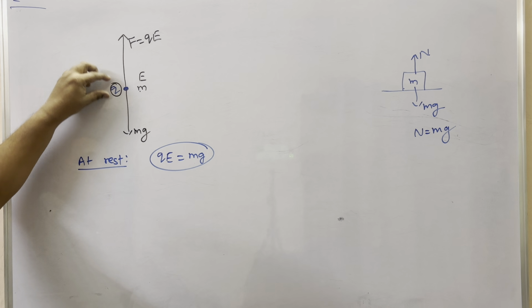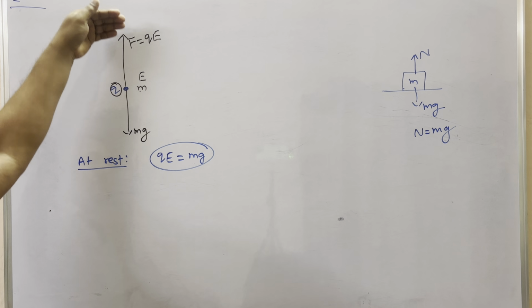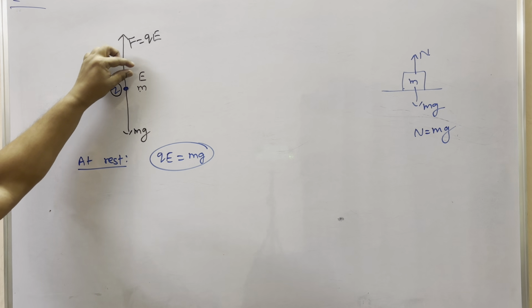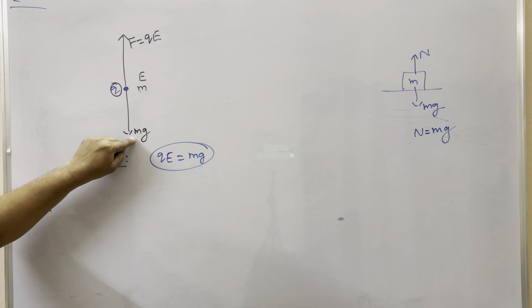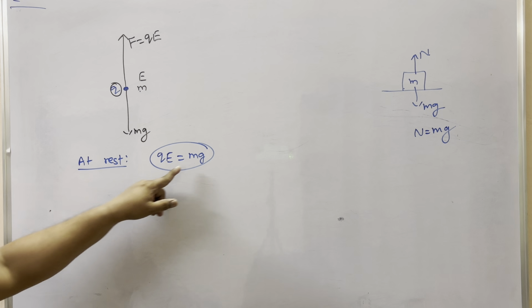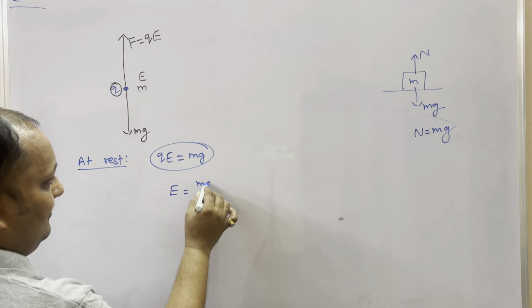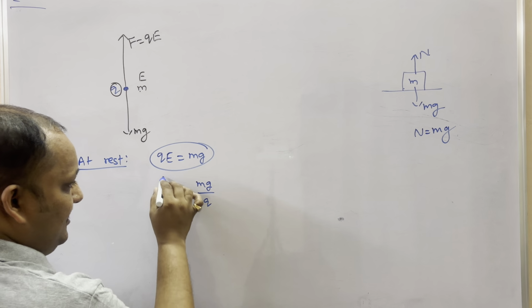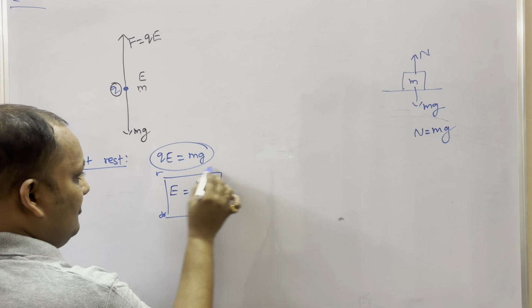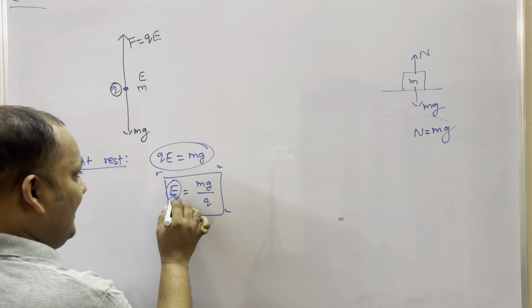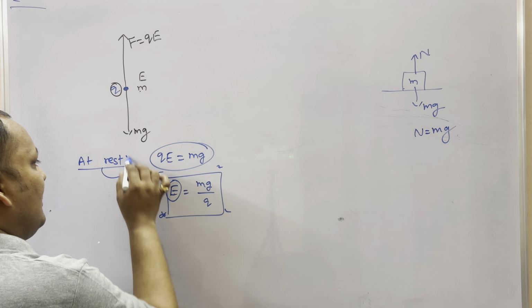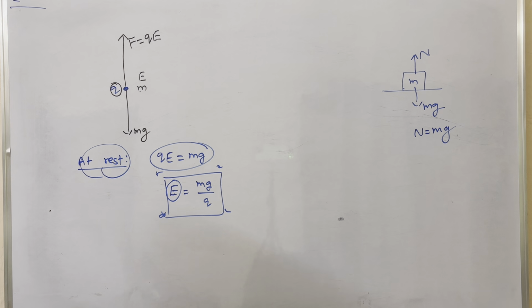If you place a positive charge within the electric field, the force acts in the upward direction, and because of its mass, its weight acts downwards. Both are going to be equal. So E is equal to mg by q. This is the applied electric field to keep the positive charge at rest.